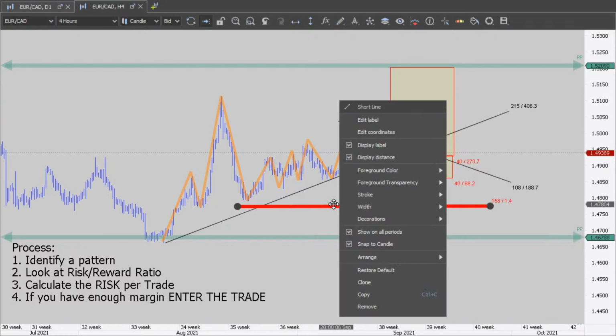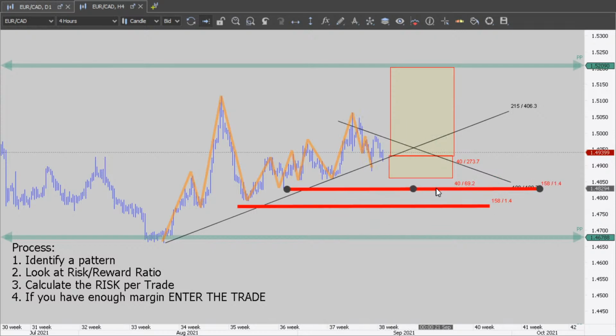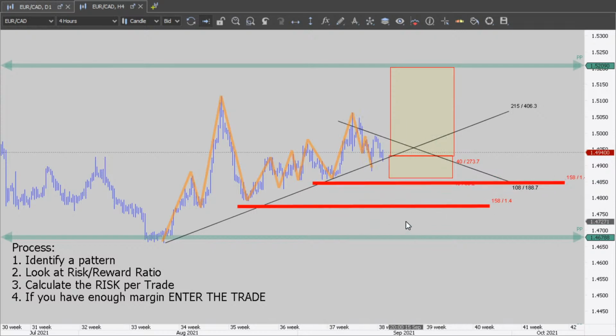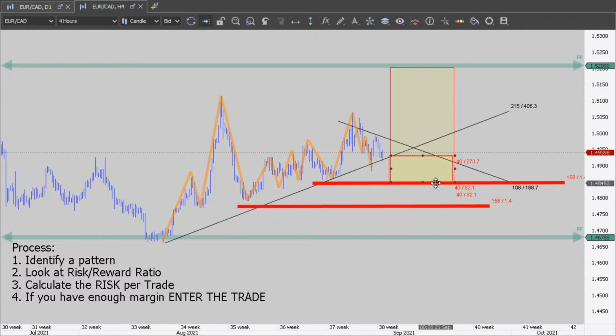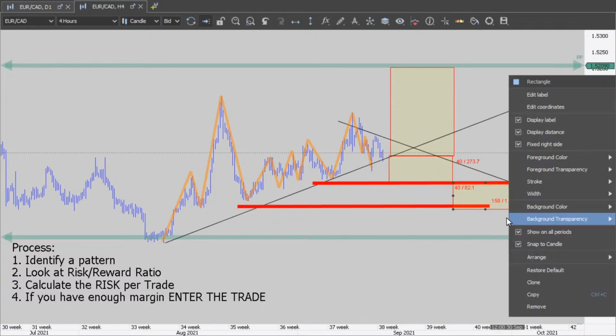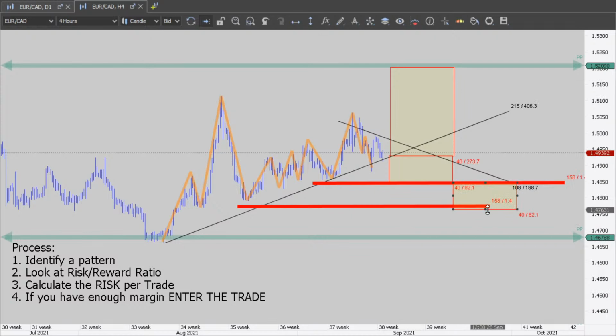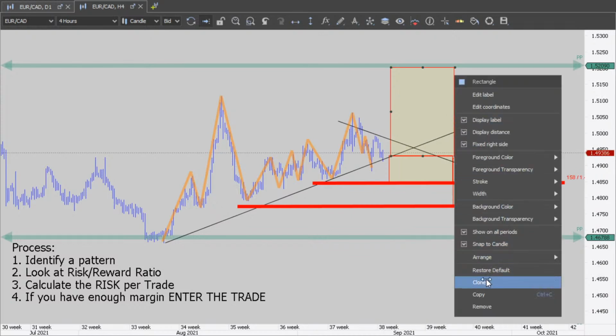Or we can put our stop loss way down here. Why not? Is this more tradable, everybody? So what about this risk reward ratio?